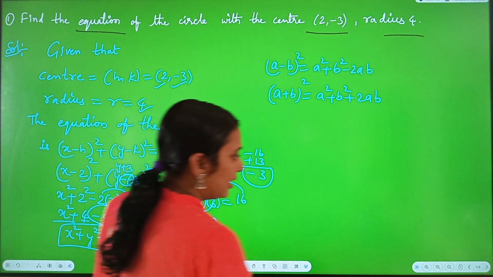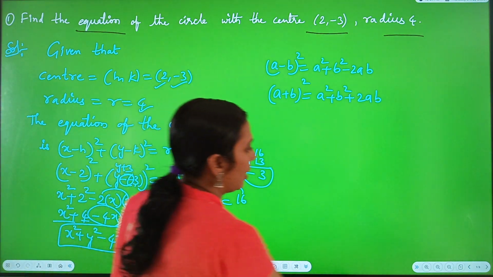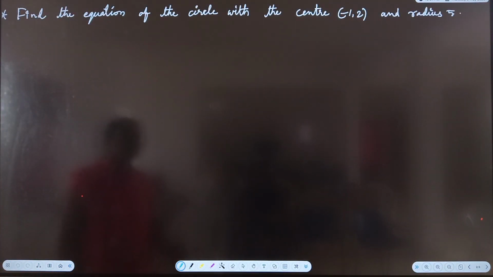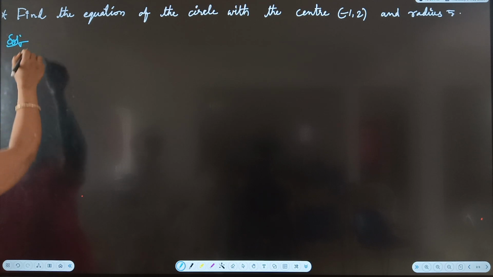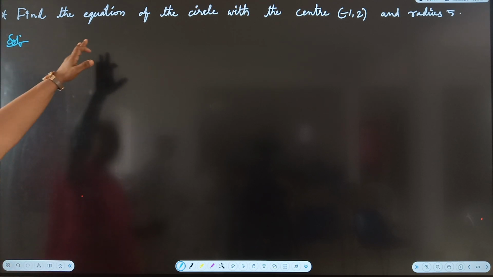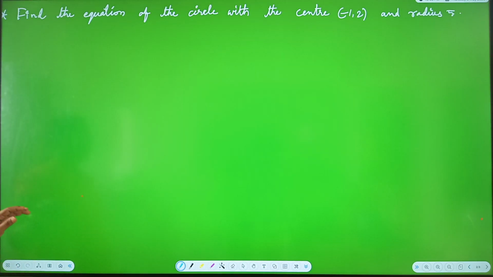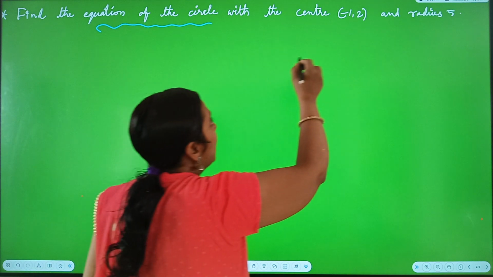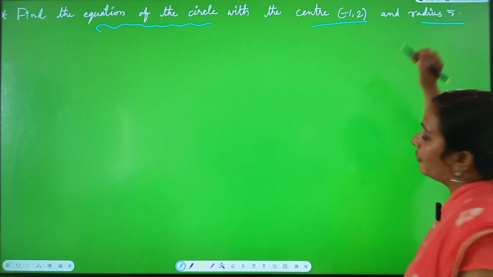Okay, one more related question. Second question, observe here. The same related question: find the equation of the circle which passes through the center (-1, 2) and radius 5.